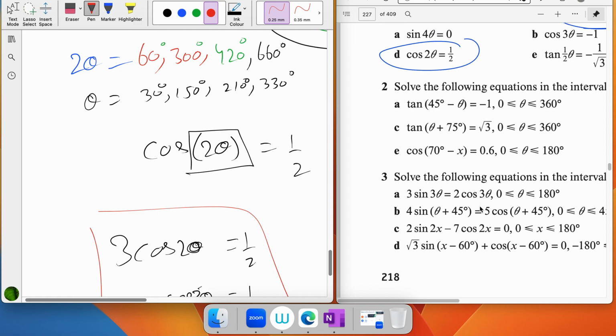Okay, now look at this. Tan of 45 minus theta is equal to minus 1, and we are solving from 0 to 360.